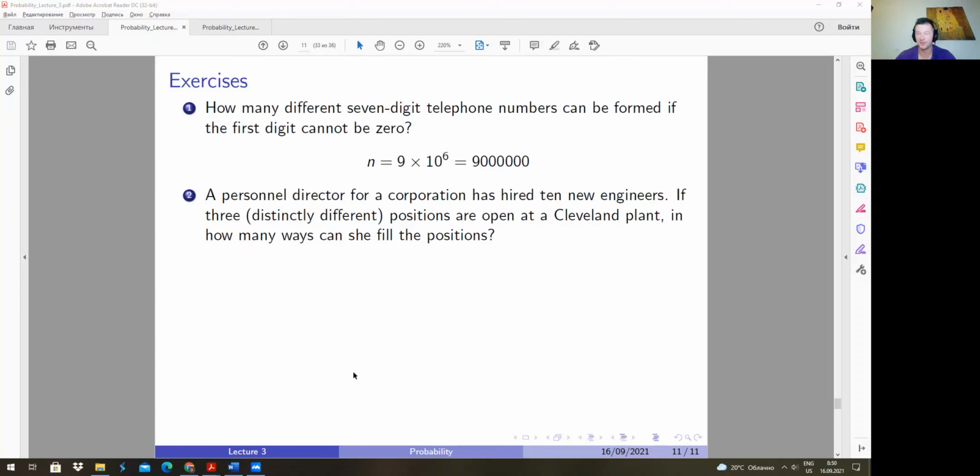Some people think that this is 720. Some people think that this is 3 to the power of 10. So let's wait for more answers. There are even more, 9 times 19 to the power of 6.